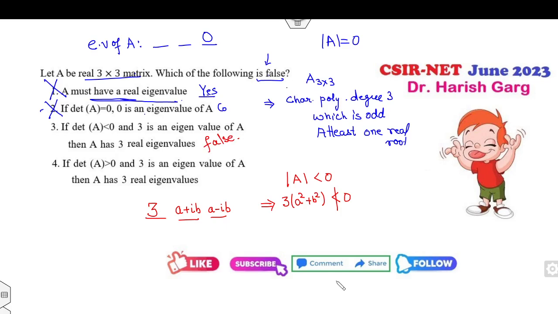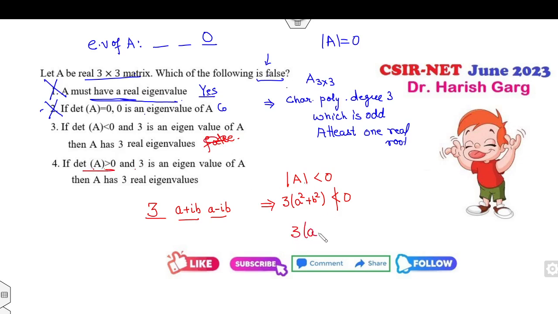Clear? Now look at this next one. If 3 is an eigenvalue, then A has 3 real eigenvalues. Okay, we'll think about the fourth case. If determinant is positive, then, no, sorry. We will first see the fourth case, whether it's correct: determinant is positive.